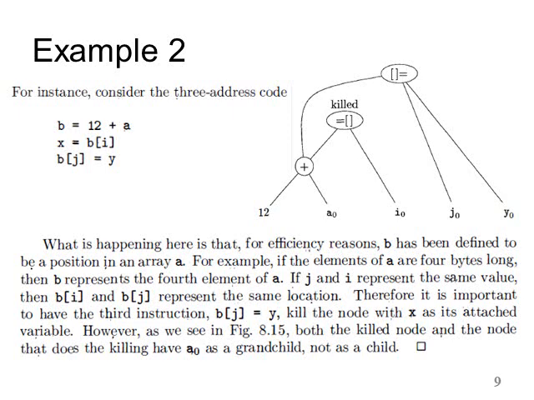Now in the third statement, b[j] is assigned the value y. So you can say that j and i may be different, so there will be no problem.